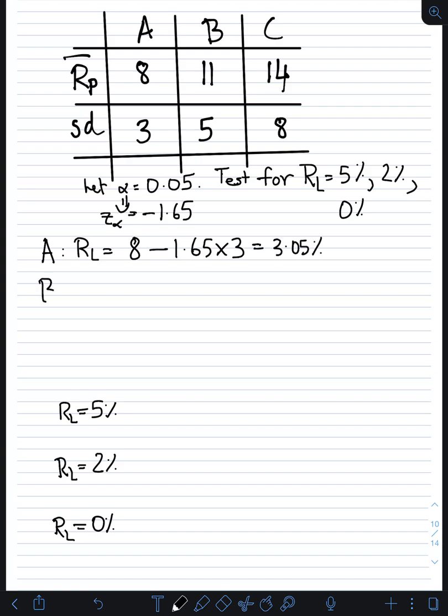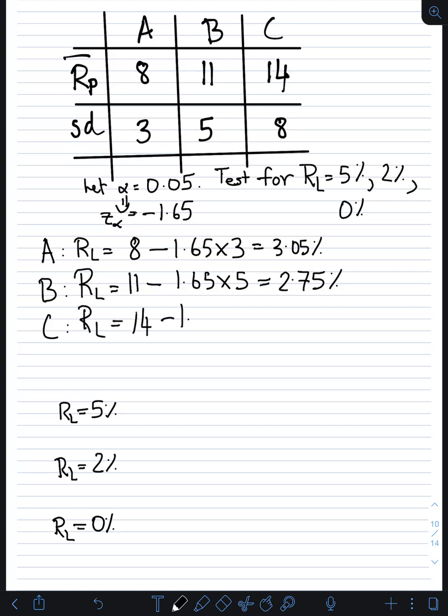Portfolio B, we have RL is equal to 11 minus 1.65 times 5. That leads us to 2.75%. In portfolio C, the RL is now 14 minus 1.65 times its standard deviation, which is 8. And that turns out to be 0.8%.